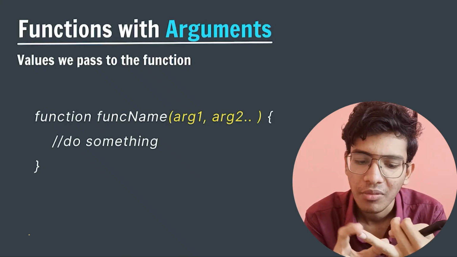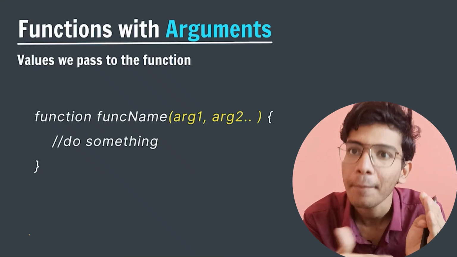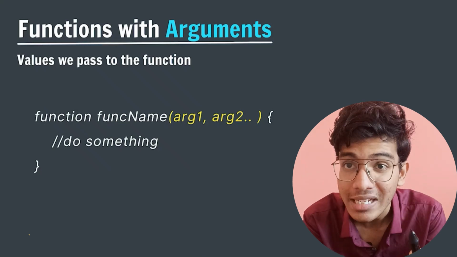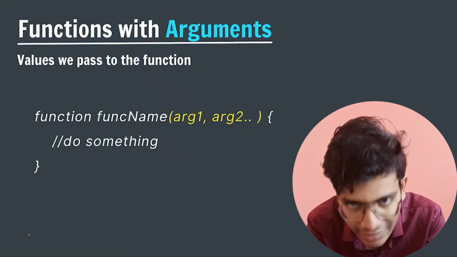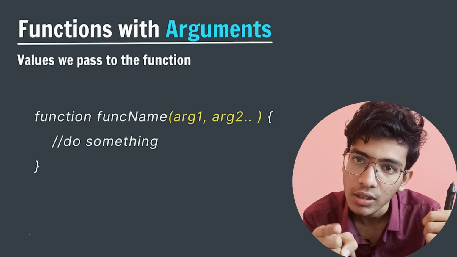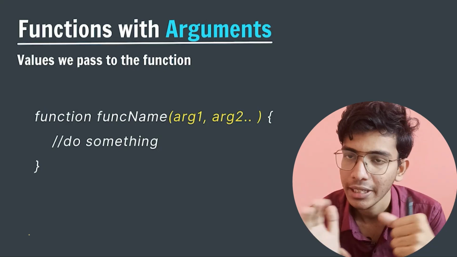But when I give math.floor, in the parenthesis I am passing something, right? It is a sort of function which requires input. And in the programming world, whenever we pass an input to a function, we call it an argument. I hope you are clear.